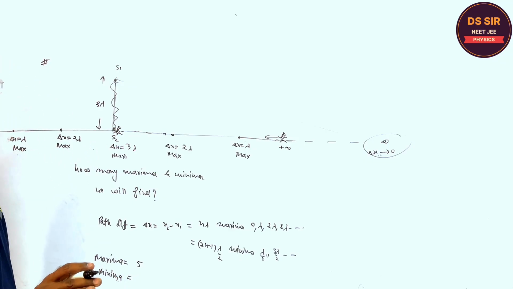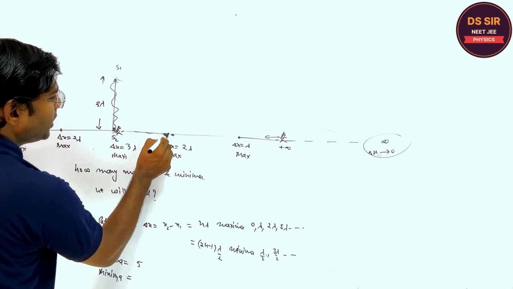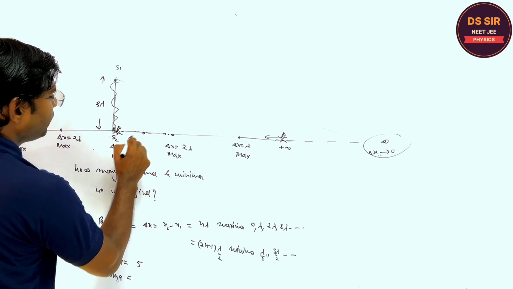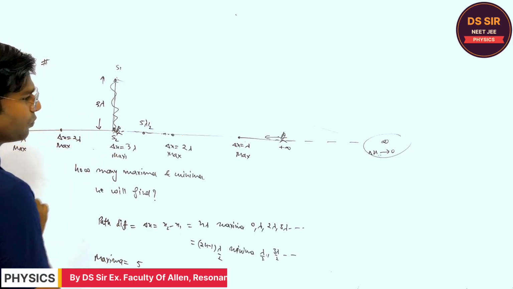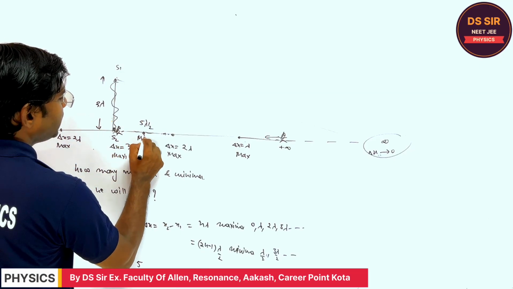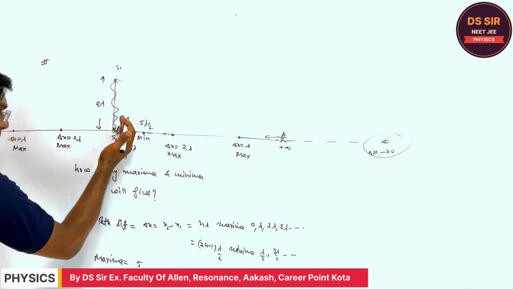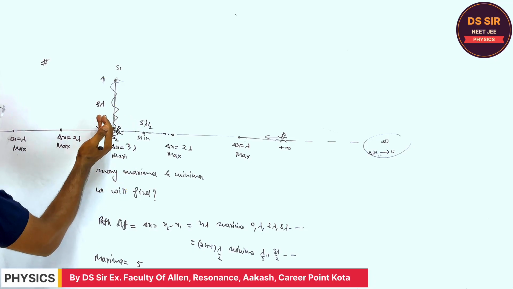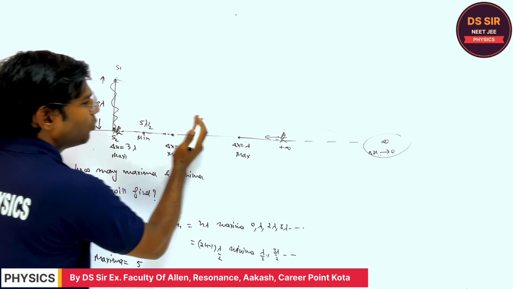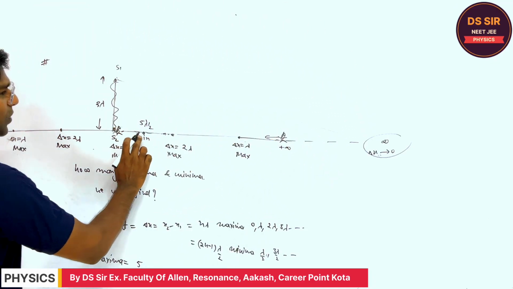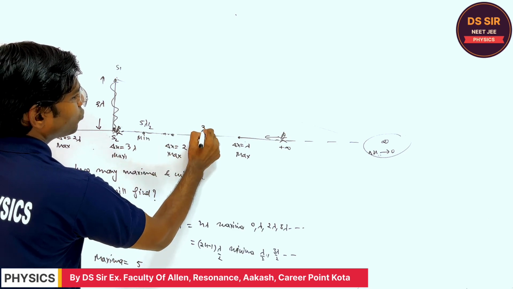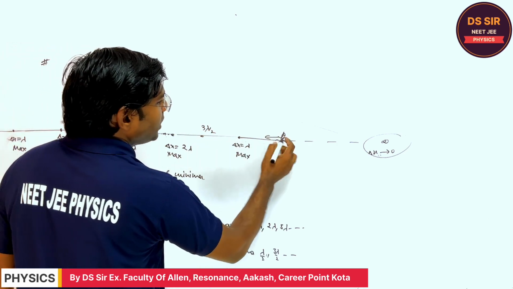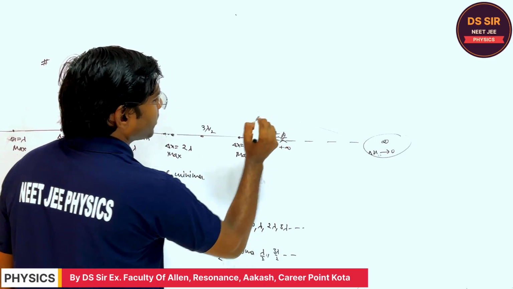Now we try to find the minima. Are you getting it or not? Between 3 lambda and 2 lambda here, the path difference will be equal to 5 lambda by 2, and you will get the minima, because as the person is coming, the path difference is increasing. If it is moving this side, it is decreasing. 5 lambda by 2, then 2 lambda, then lambda, then somewhere lambda by 2.